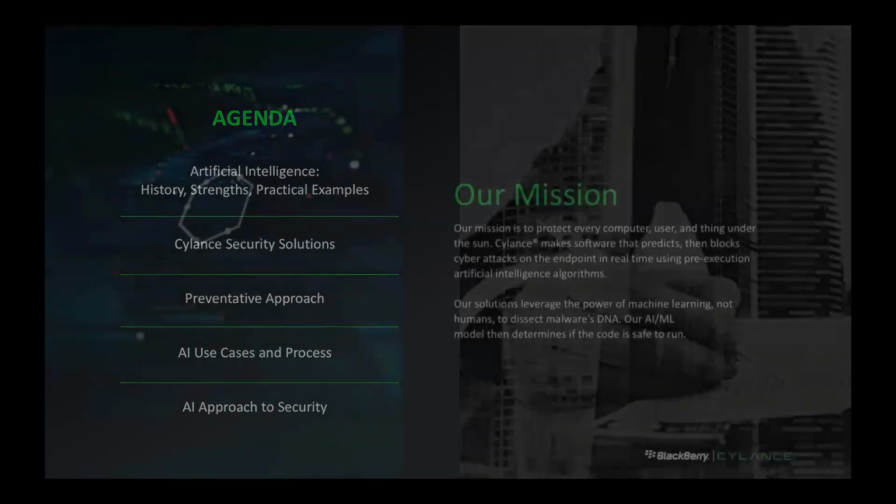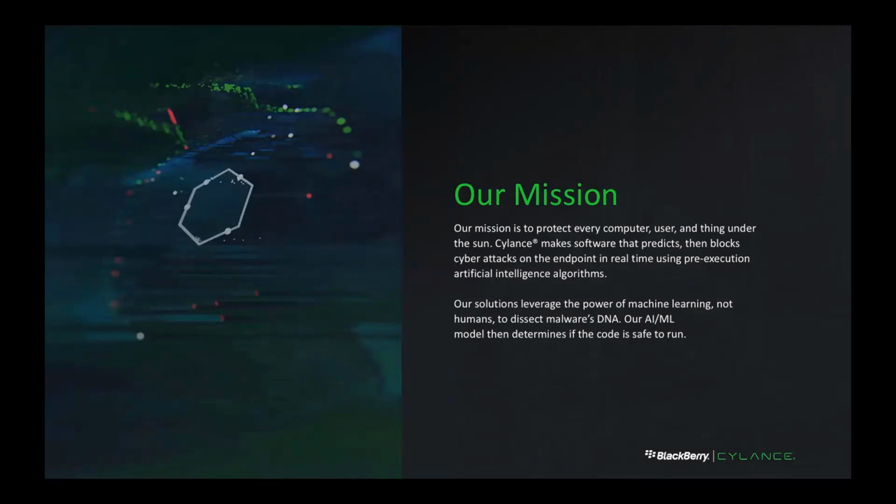With that, Cylance's mission, for those of you unaware, is basically to protect every computer, user, thing, widget, device under the sun. That comes in the form of the anti-malware solutions, in the form of EDR, and in the form of helping understand whether the person in front of the keyboard is actually that person. And at the core of all of this, and the reason we were very successful and why we were acquired by BlackBerry, are these artificial intelligence and machine learning concepts.